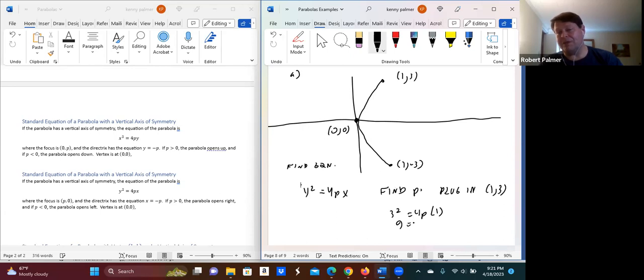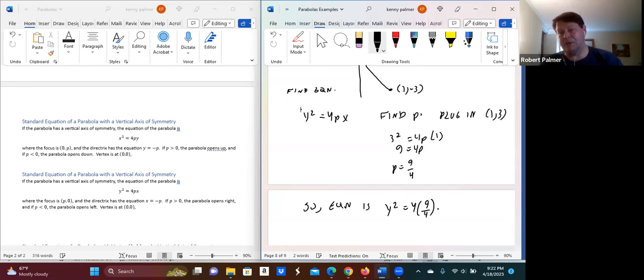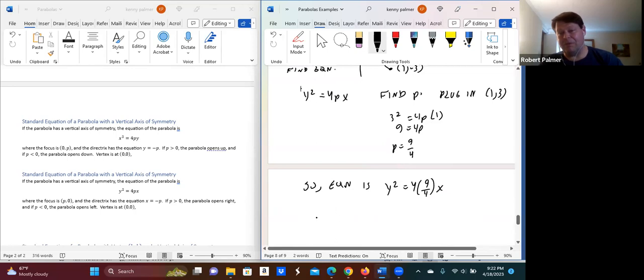And so we get 9 is equal to 4p, and so p is equal to 9 over 4. So our equation is y squared is equal to 4 times 9/4 x. And of course, we can simplify that. The 4's will cancel out, and I'm left with just y squared is equal to 9x.